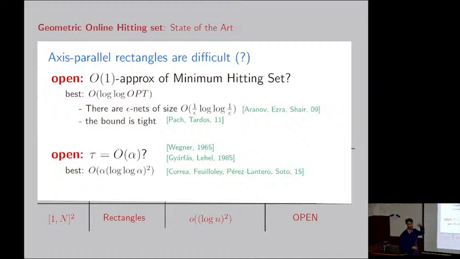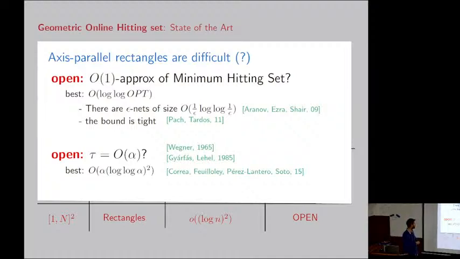We believe after our work, and maybe you will realize later, that getting some log n competitive ratio for the problem could make some progress for these two independent open questions. The first is, can we obtain a constant approximation for minimum hitting set? It's still open.